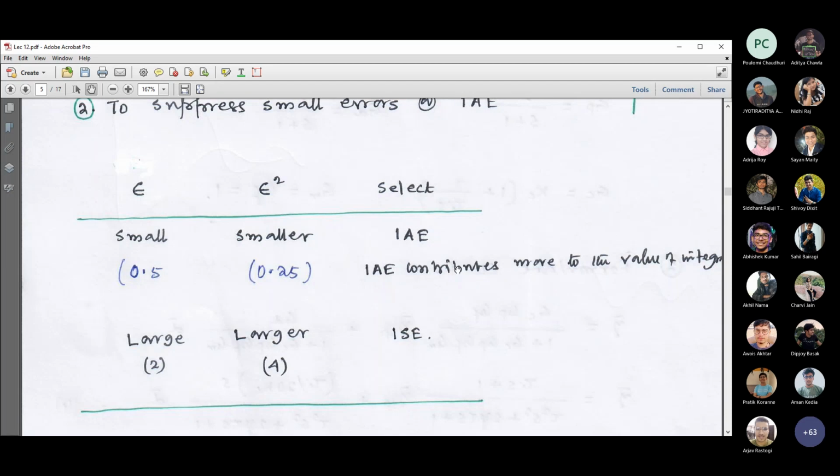Can you give any example for chemical systems? So which control variable is usually very small, lower than 1? Any idea?